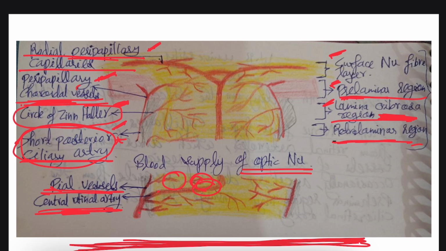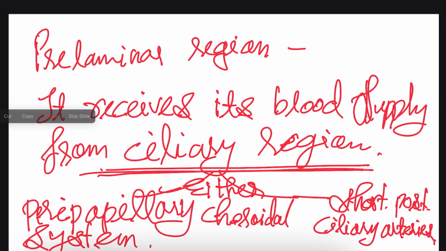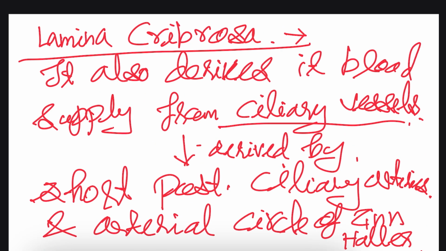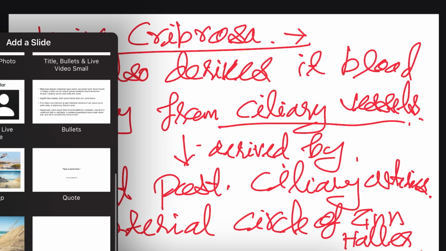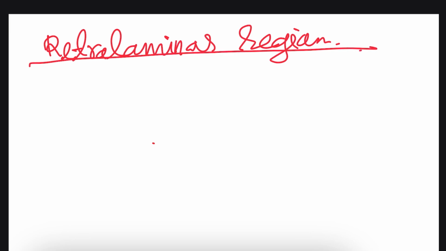And in case of the prelaminar region, there were two schools of thought. Either it is derived from the peripapillary choroidal vessels or from the short posterior ciliary artery. Then the last layer is the retrolaminar region, or we can say the last region of the optic nerve head.